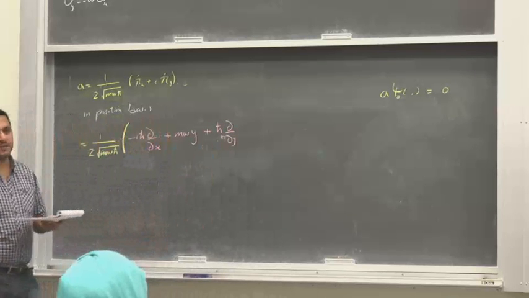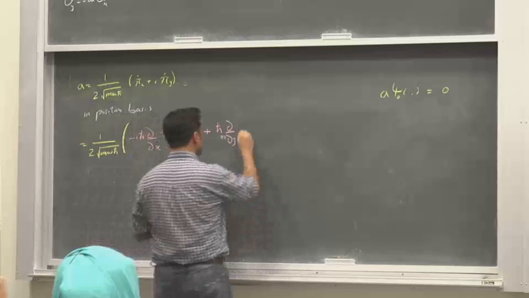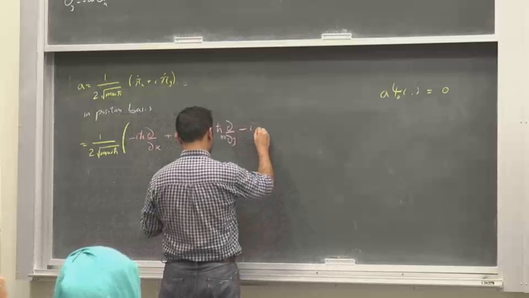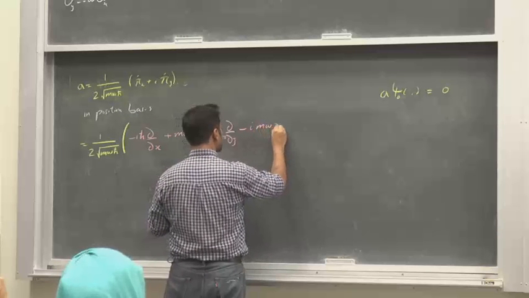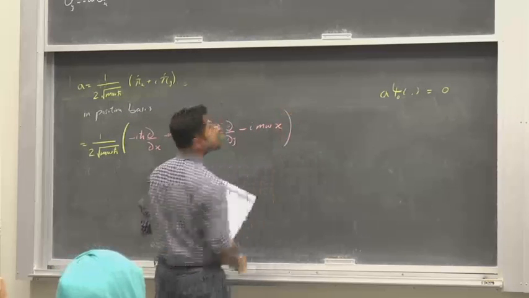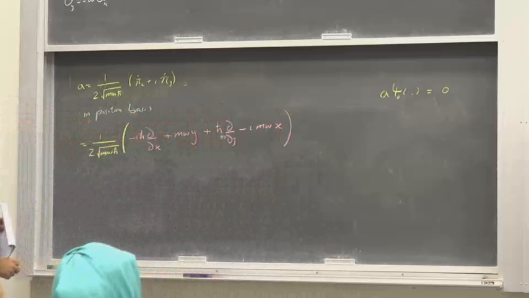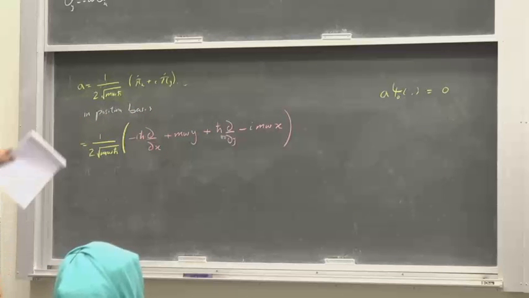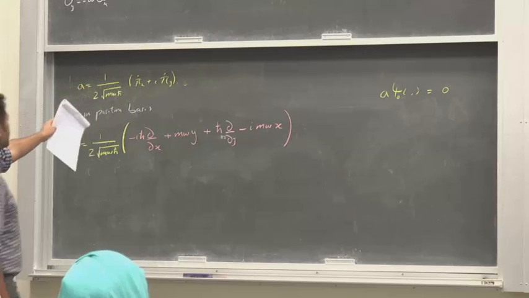I gives me a minus, minus, minus, plus, and minus I m omega x. Minus m omega x वहाँ से, I यहाँ से है.